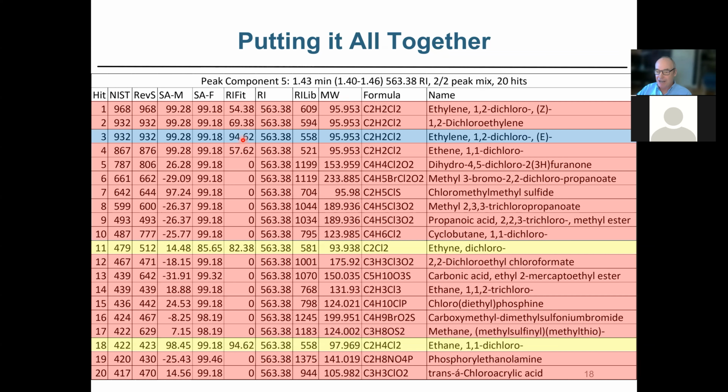But if you look at the third match here, you'll see that the retention index is really close. It's off by less than 6 IUs. And in addition, it also has very good search results, forward and reverse. The formula is correct. It's validating the formula. Notice these are all isomers.